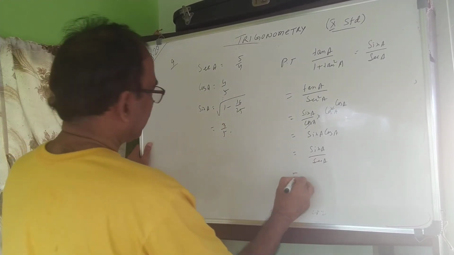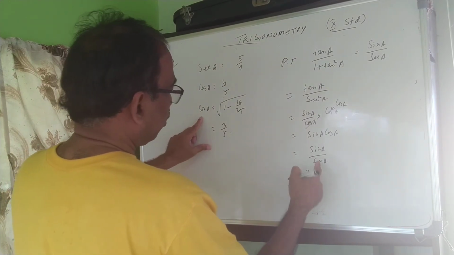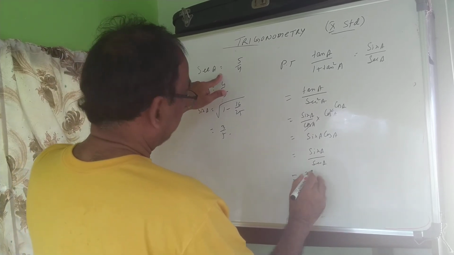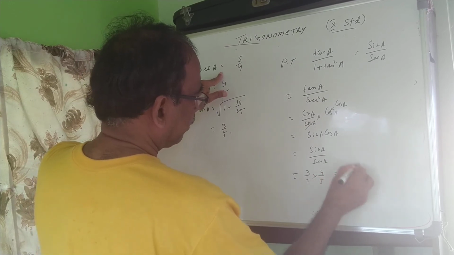Put it here: sin A is 3 by 5, 1 by sec A means cos A, that is 4 by 5. That is 12 by 25.